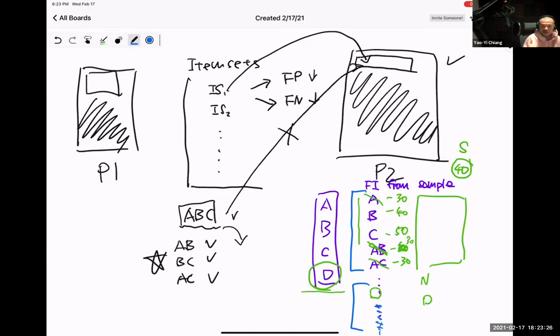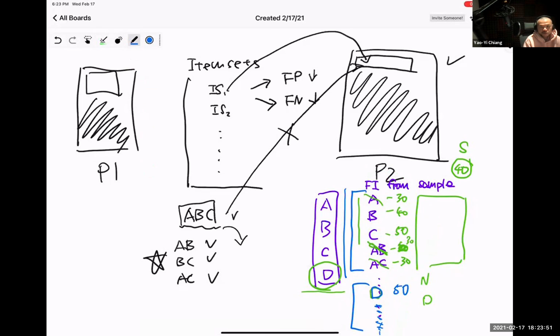There might be other things that should be in the negative border, but I didn't list them here. So let's just look at D. In the second pass, you count all this and you remove the false positives, great. And you count this, and it turns out D has a count of 50.